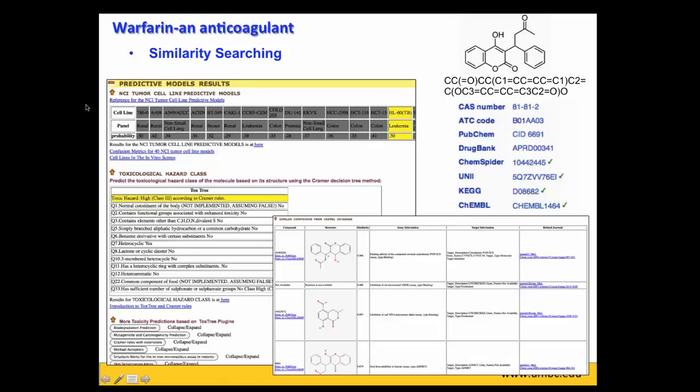So then we are able to have the predicted probability of the activity of this compound, warfarin, in the individual cell lines. The different colors just show the different predicted activities.